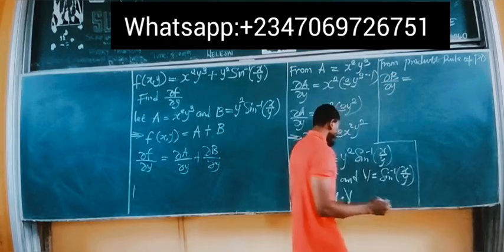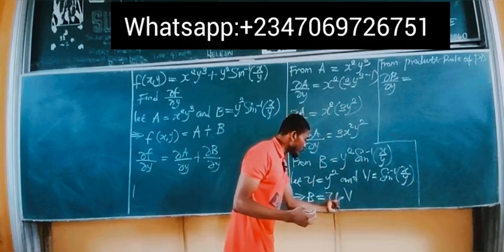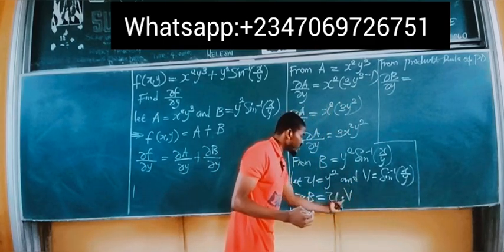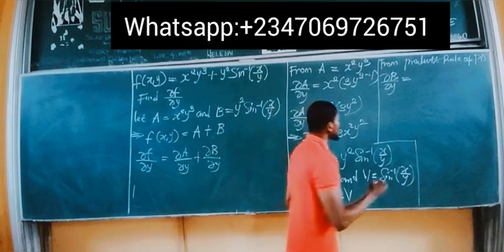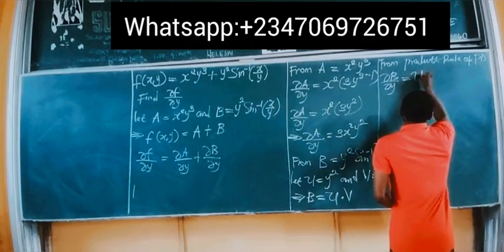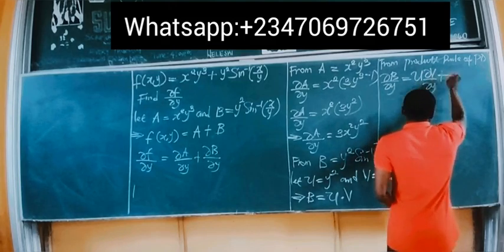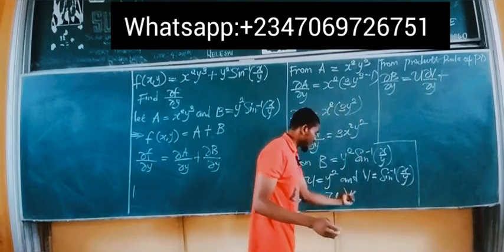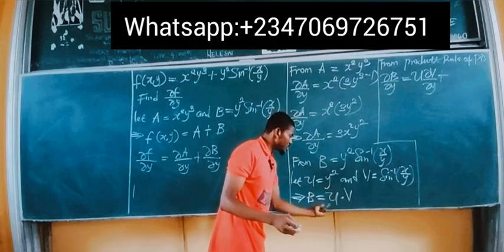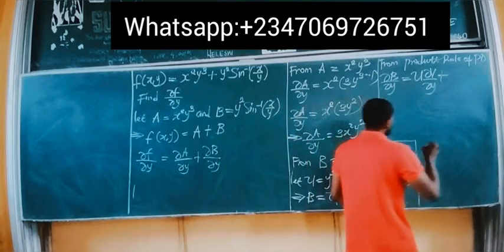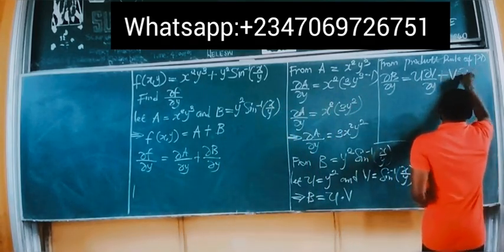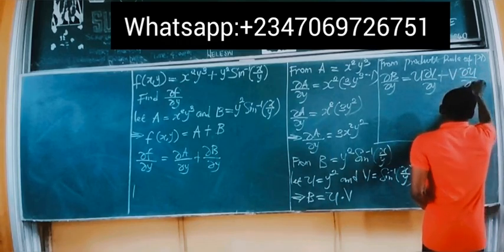From the product rule, you keep u constant and differentiate v partially with respect to y, which gives you u partial v over partial y, plus, now you keep v constant and differentiate u with respect to y, so you have v partial u over partial y.